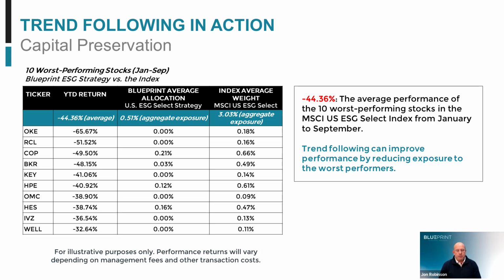So by and large, trend following is the largest driver of how we get to this investable basket that we use. And in the end, that's going to be roughly 90% of the index in terms of exposure.